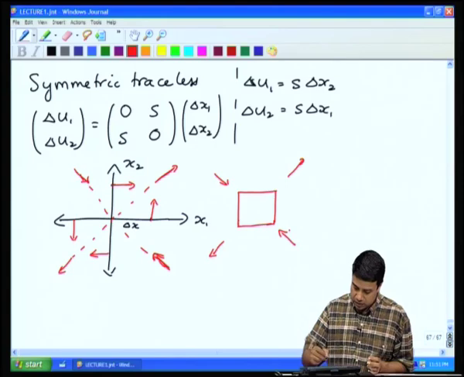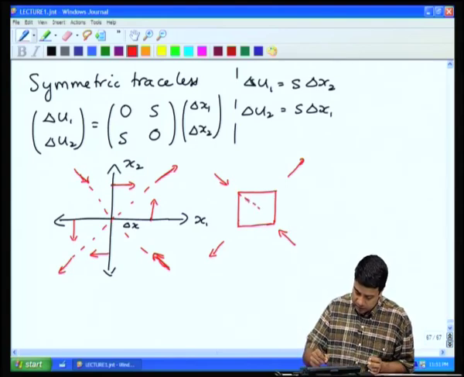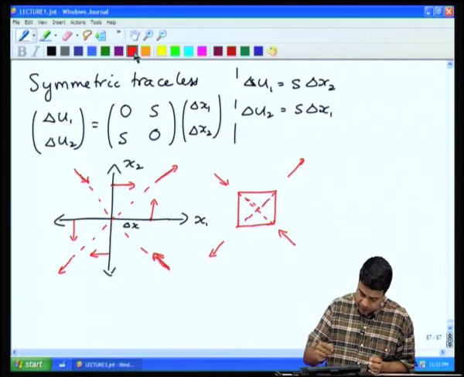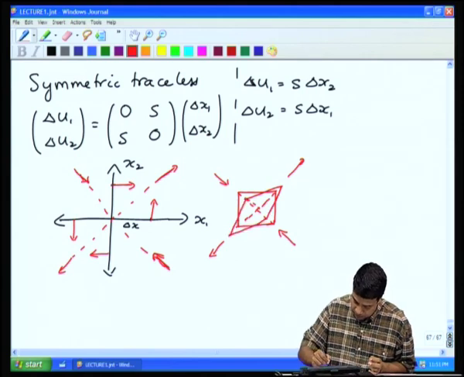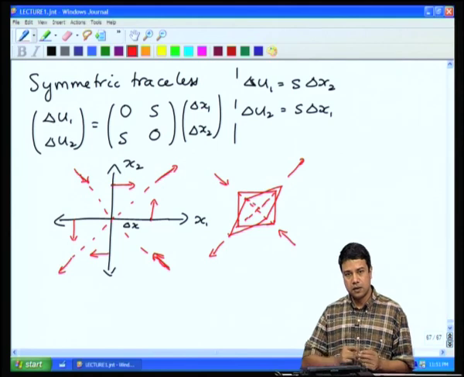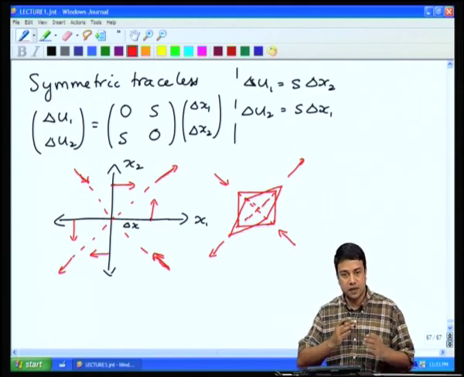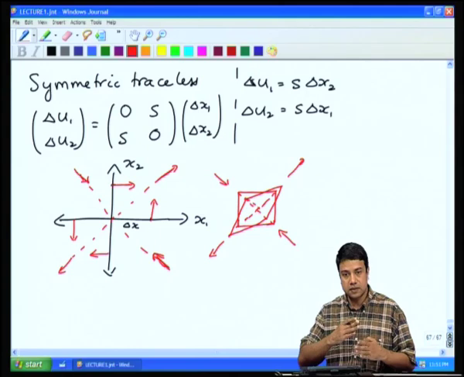After some time what it will look like is something like this. The axes remain the same because I have taken out the rotational part. So, the axes do not rotate.